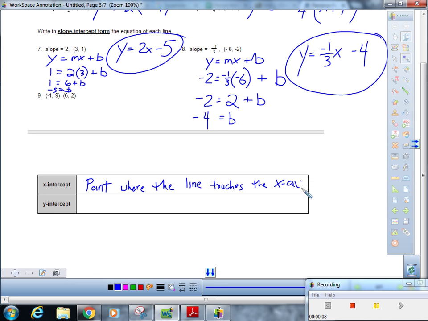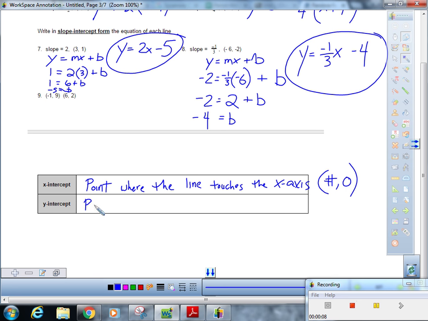It is always a number, comma, 0. Okay? Or another way to say that is, in order to find the x-intercept, we plug in 0 for our y. Okay? It's kind of counterintuitive.